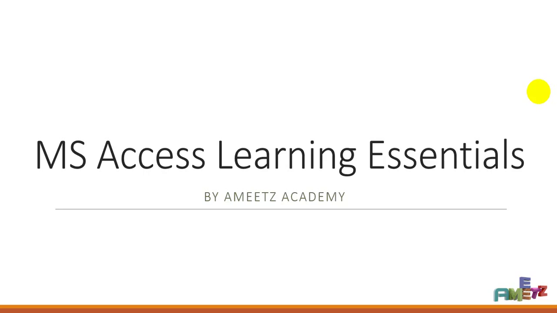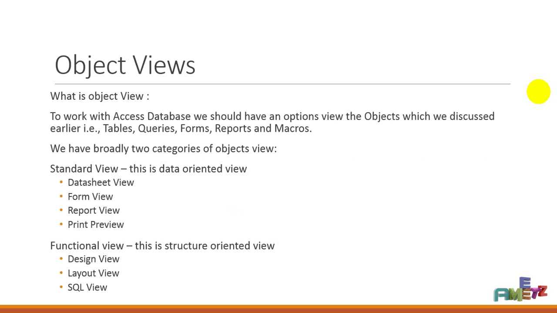So in the earlier video we talked about what is a database, an Access database, and what are the database objects, and we have described everything. In this video, we will be learning object views.